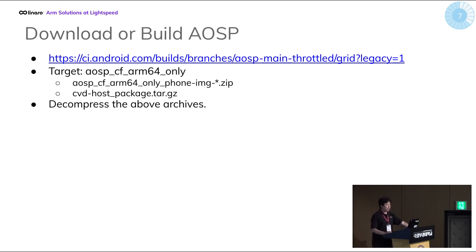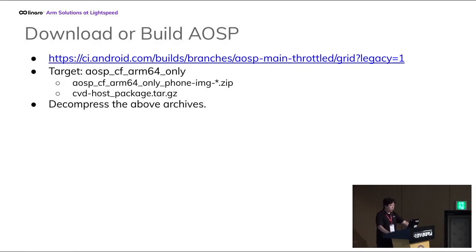And then, as I said, it emulates the hardware, so you have to download or build AOSP at least to run your app. Because I want to run the app, I just download the AOSP. Because it's an ARM64 board, I download the zip, the AOSP zip, and the cvd host packaging .tgz.